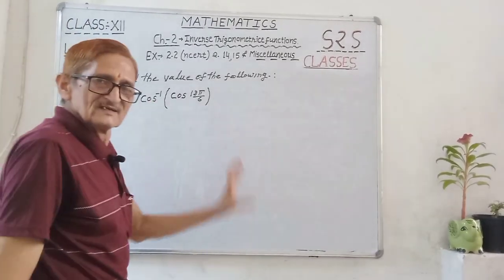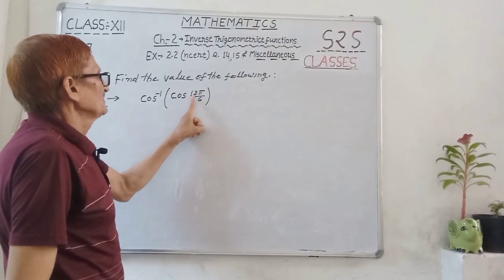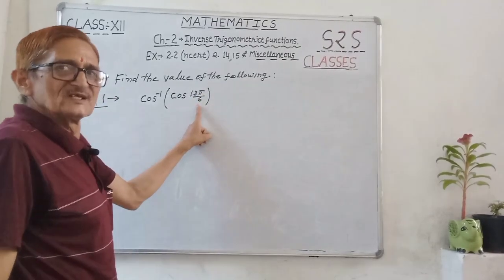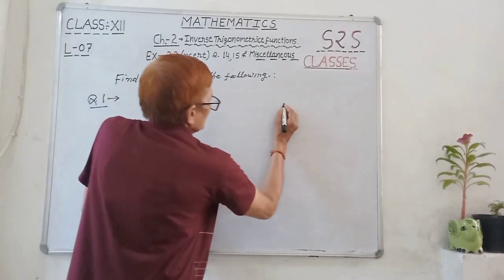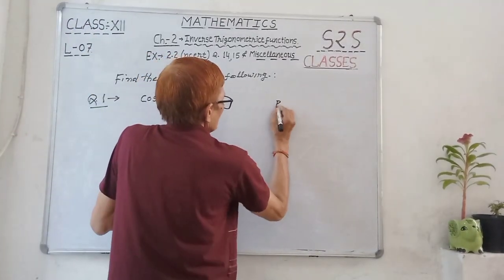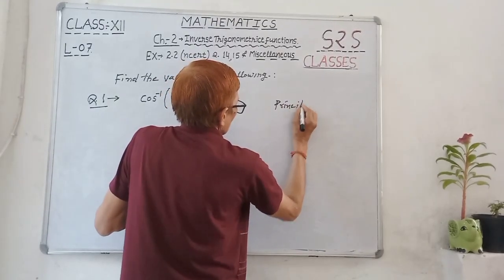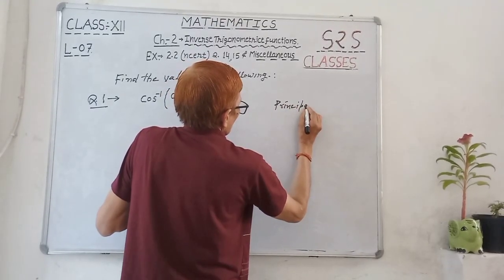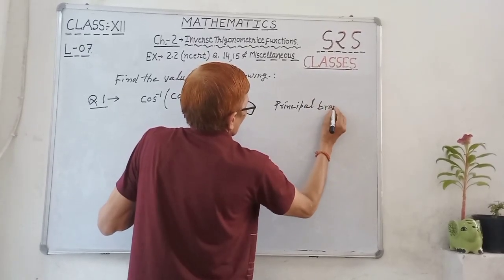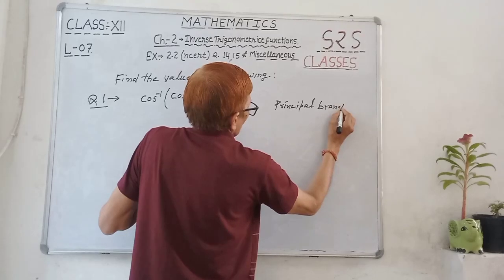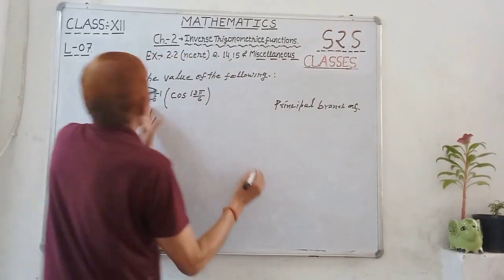By property it may be 13 pi upon 6, but it is not in the branch. The output must be in the principal branch of cos inverse.